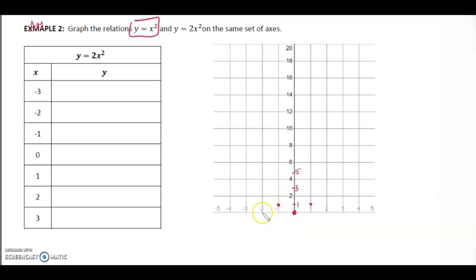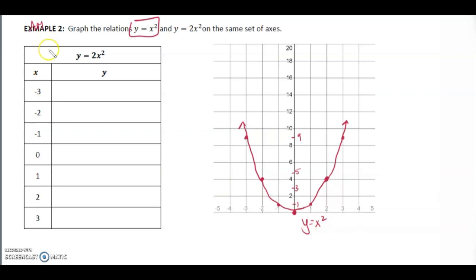So just be aware of that. Negative 2 and 4, and then 2 and 4, nicely symmetric. Then negative 3 and 9, and 3 and 9. So this here is our original graph, y equals x squared, all done in that pink color.